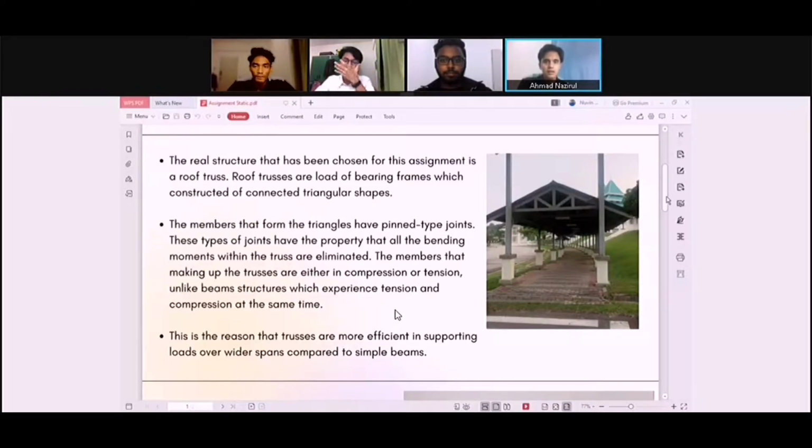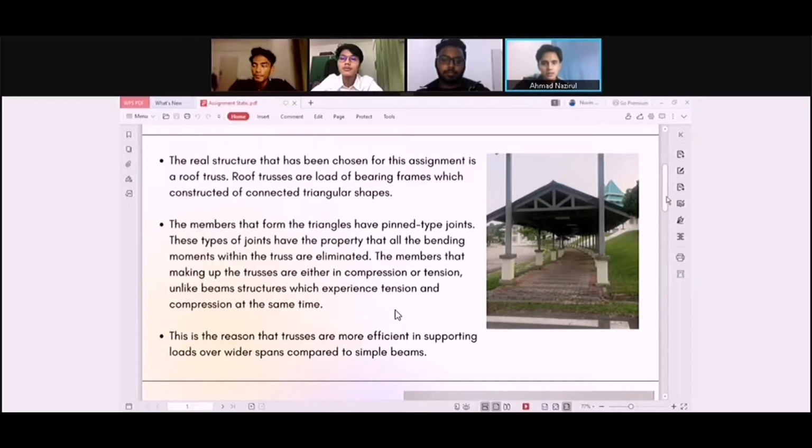Roof trusses are load-bearing frames constructed of connected triangular shapes. Remember that the triangle has pin type joints. This type of joint has the property that all the bending moments within the truss are eliminated.